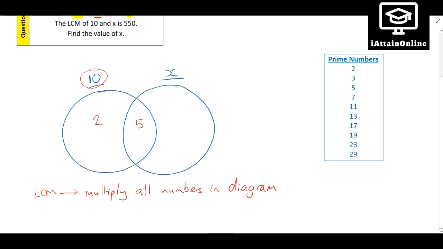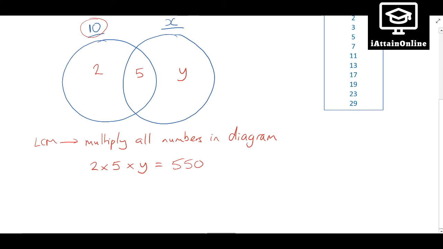I'm going to call this y for a second. We know that 2 multiplied by 5 multiplied by y has to give me the lowest common multiple. But we're told what that is in the question here. That has to be 550.